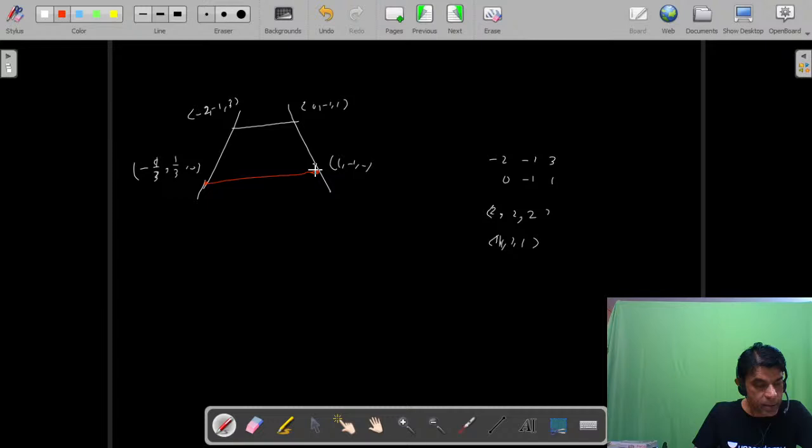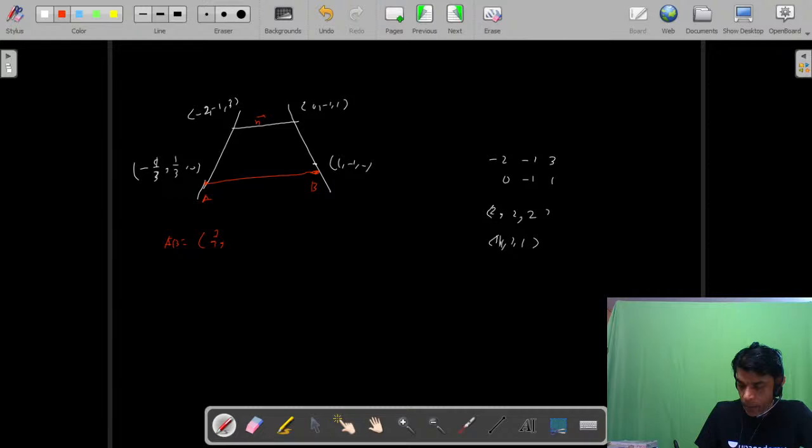Okay, so minus 4 by 3, 1 by 3, 0, and this is this one. So this AB, I want AB on this normal. So this AB is nothing but 7 by 3, minus 4 by 3, and 0. And now the distance you want is the projection on n, your 1, 1, 1.